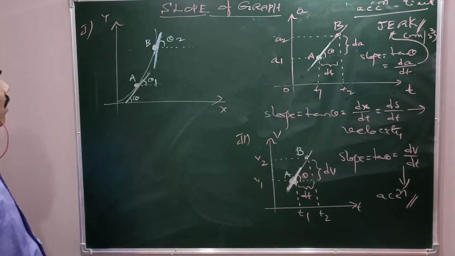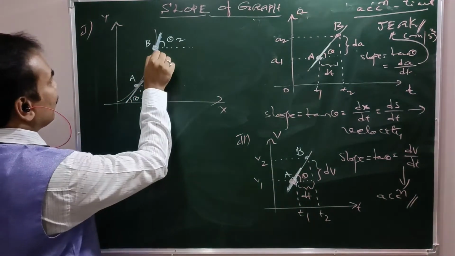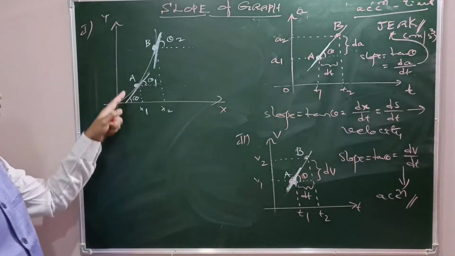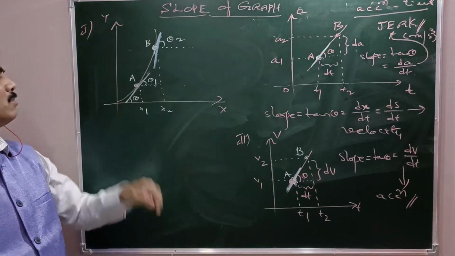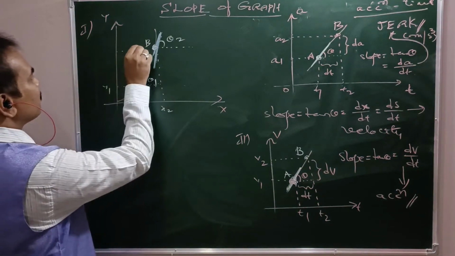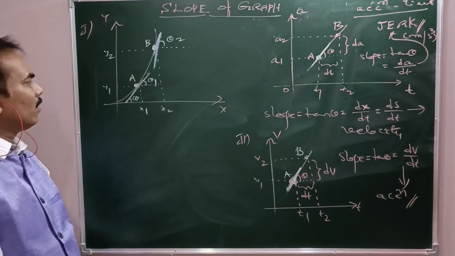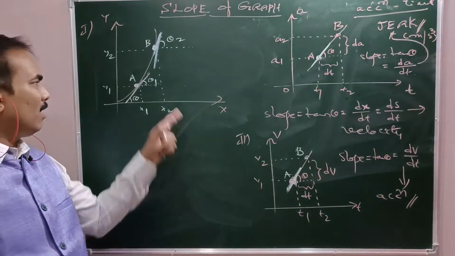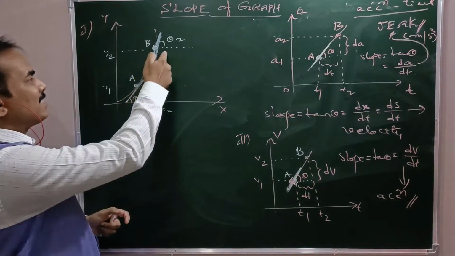Now what is the value of x here? That is x1. Here it is the value x2. So at point A, the value of x is x1. At point B, the value of x is x2. Here it is y1. Here it is y2. Now see here, are these two angles obtuse or acute? Theta is less than 90.